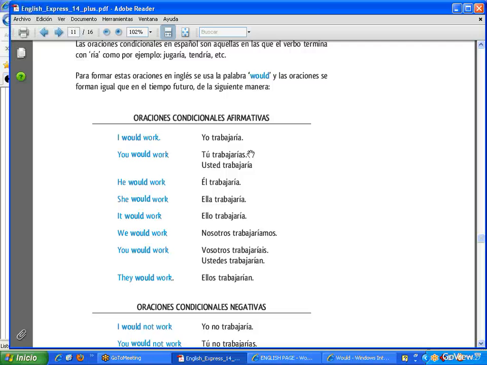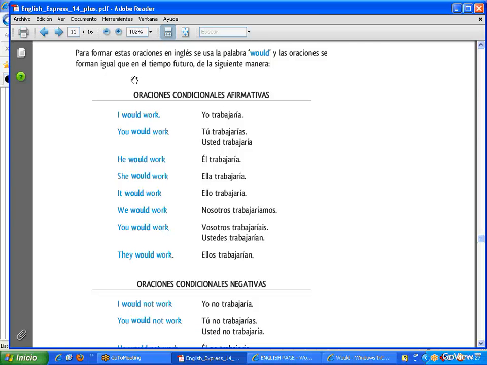Yo trabajaría, I would work. So, as it says here, it's formed in the same way as the future tense. I would work. Remember, I will work, you will work. This is I would work, you would work, he would work. But it's a conditional.